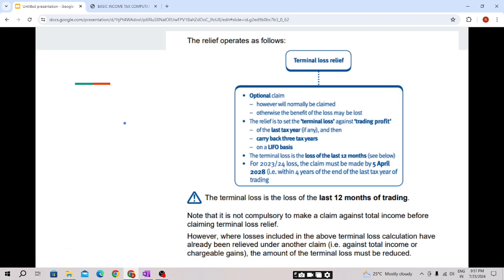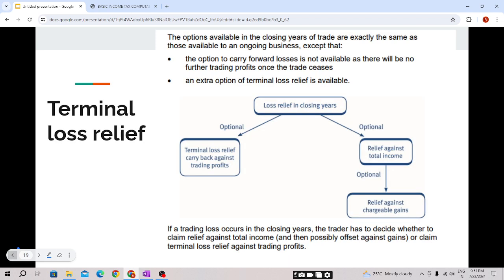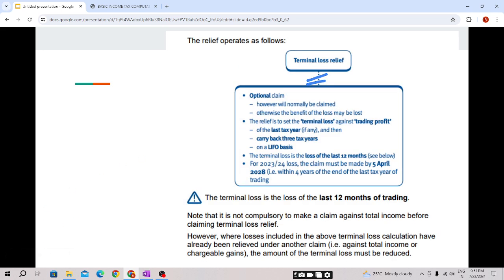Now students, let's take an example so that it will be very clear. When we are closing a business, we have 2 options: normal relief or an additional relief of terminal loss relief.